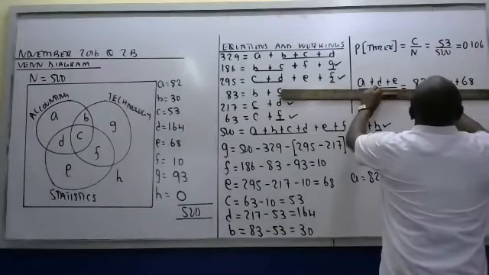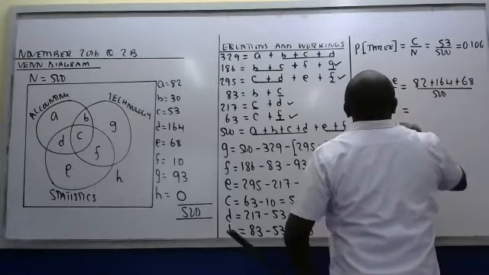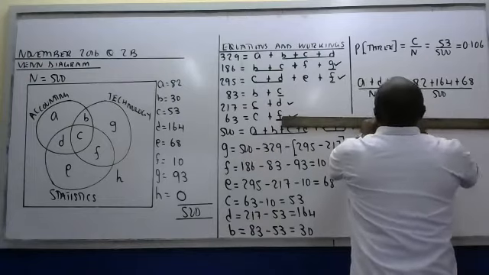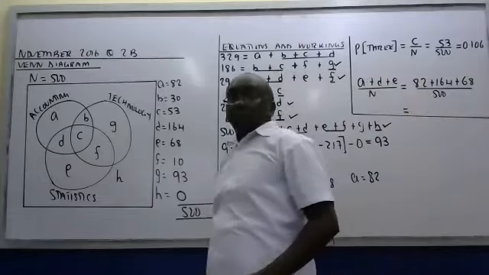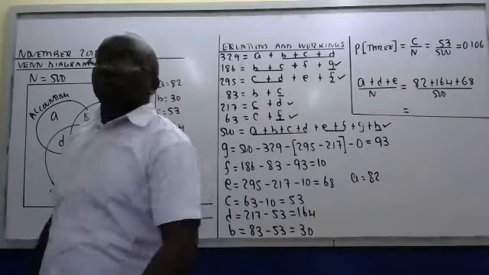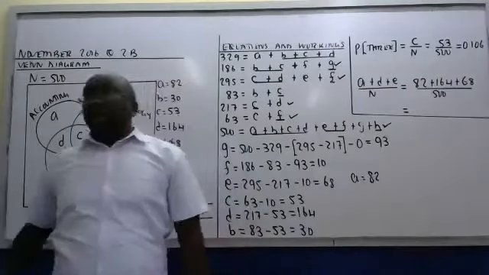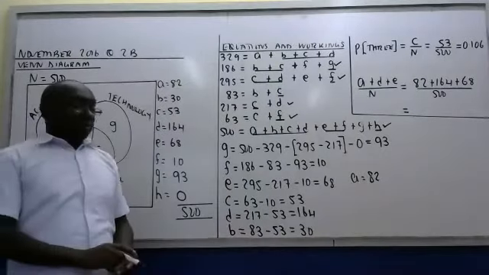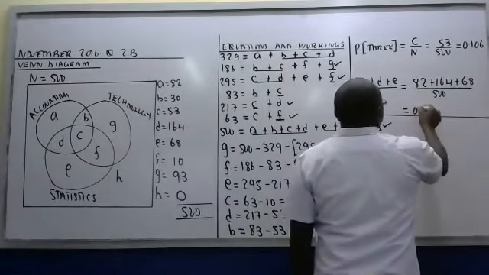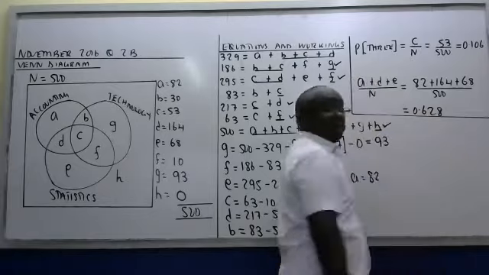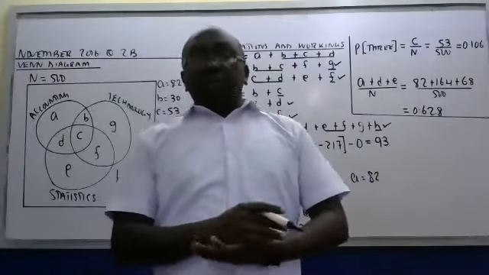You divide by N, which is 500. Is that okay? 0.628.